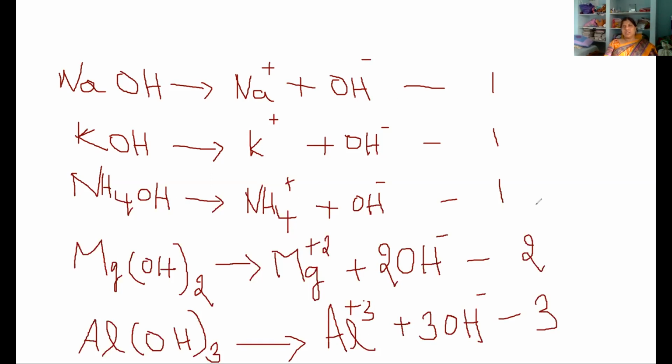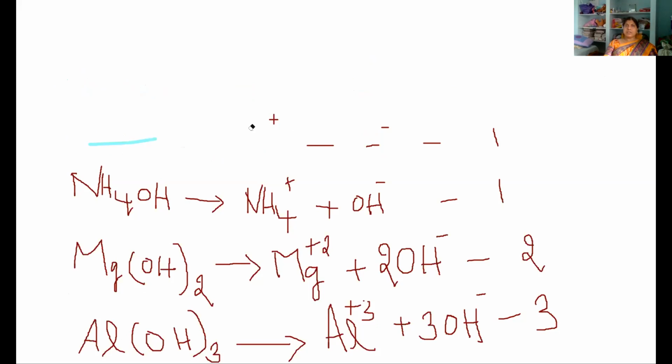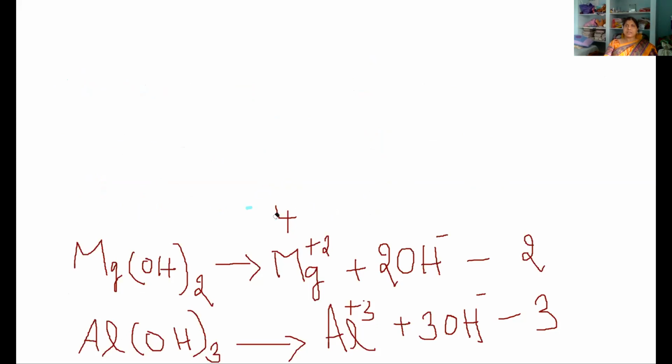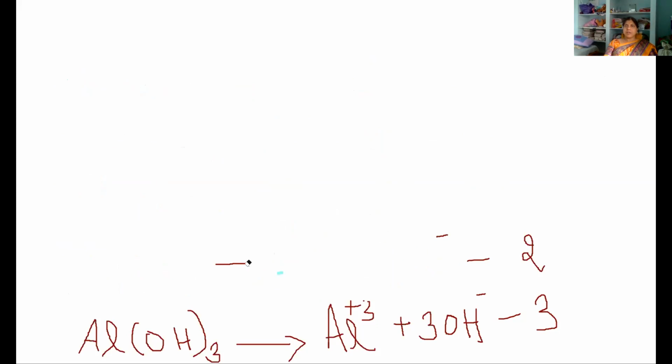So like this, you get the acidity of the bases. NaOH 1, KOH 1, NH4OH 1, Mg(OH)2 is 2, Ca(OH)2 is 2, Al(OH)3 is 3. If you know the acidity of the bases, you can easily calculate their equivalent weights. So how is the equivalent weight of a base calculated? The equivalent weight of a base is calculated by the formula molecular weight of base by its acidity.